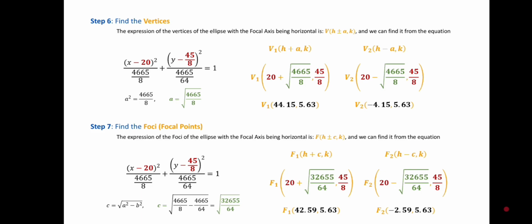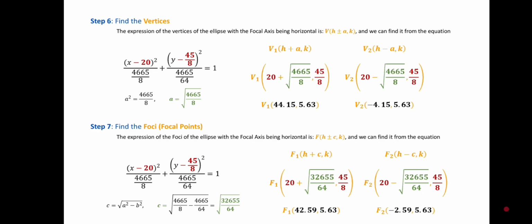Now, knowing this, we can know where the vertices are. So vertex 1 will be 20, which is h, plus a, which is the square root of 4665 divided by 8, k, which is 45 divided by 8.